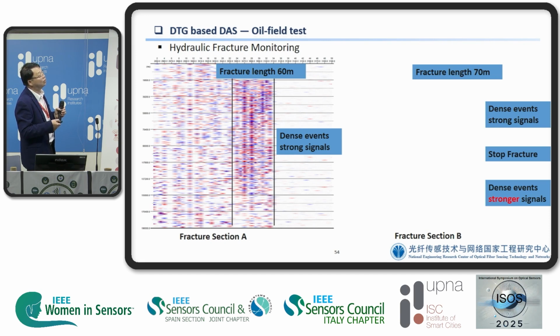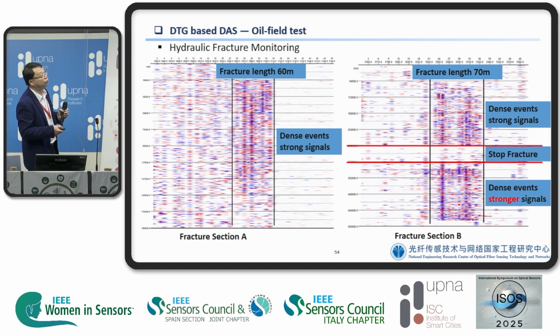That means if there is fracturing, you have very strong signals, and you have very strong events there, and without it, the normal things are something like a background. But if you have the fracture, they have the strong intensity. And also we can monitor how it works.